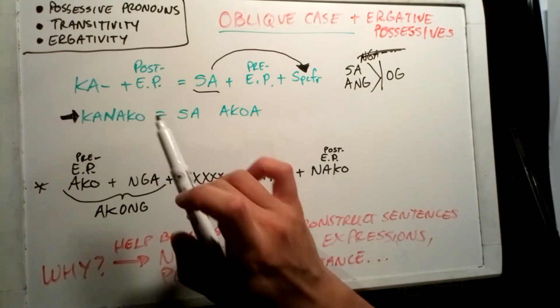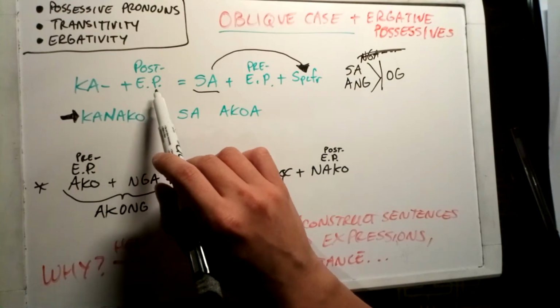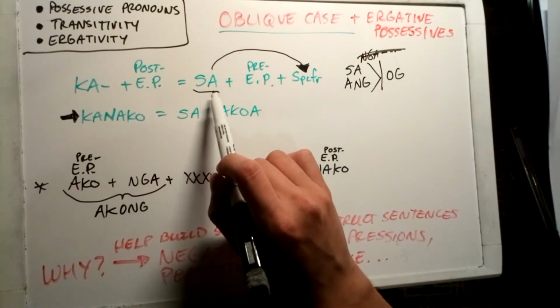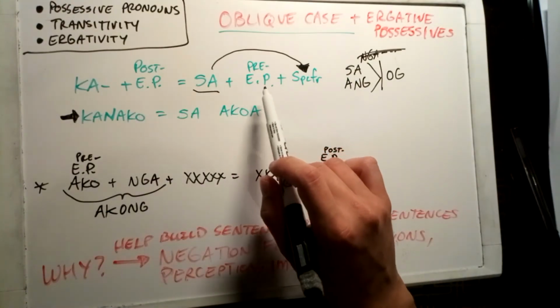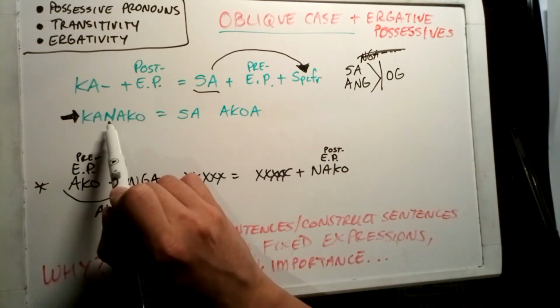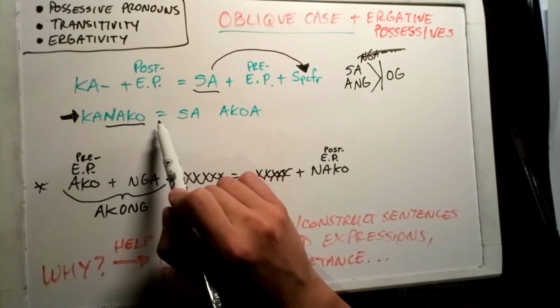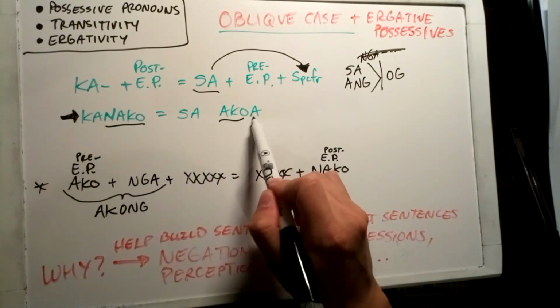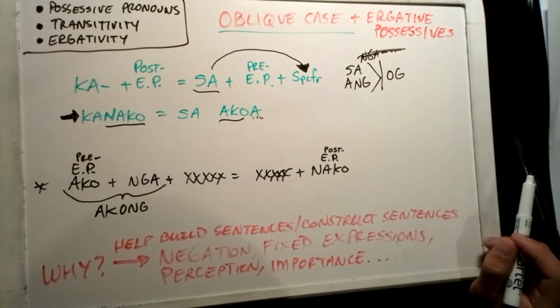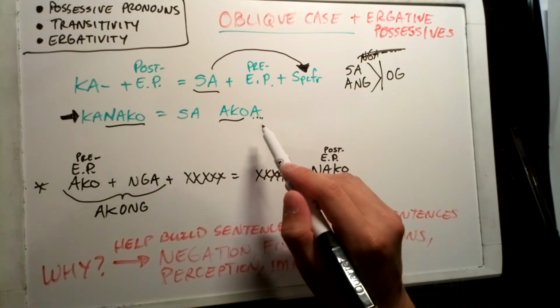So we have ka plus a post-ergative pronoun, which is the same as saying sa plus a preposed ergative pronoun and a specifier. The example we have here is kanako. Kanako is the same as saying sa ako a. That a comes from that specifier. Why do we use a instead of ha?